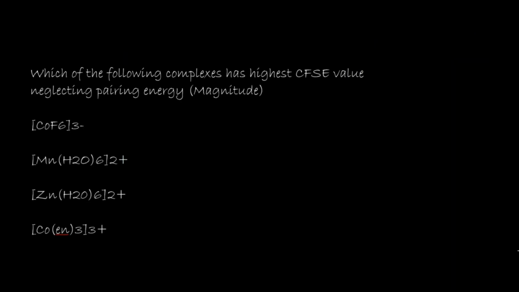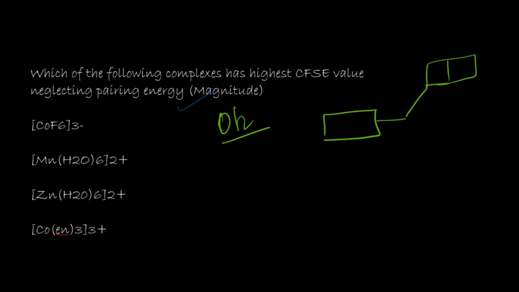Let's say this question: which of the following complexes has the highest CFSE value, neglecting pairing energy? First of all, these compounds lie in octahedral geometry, right? Octahedral means the d orbitals split into EG and T2G, so T2G comes first and then EG.